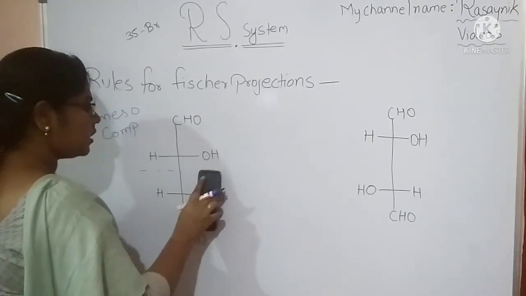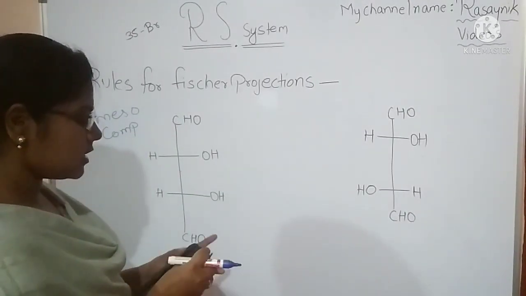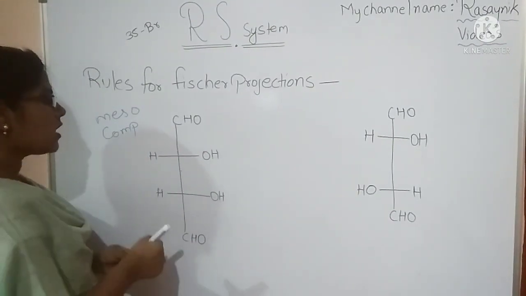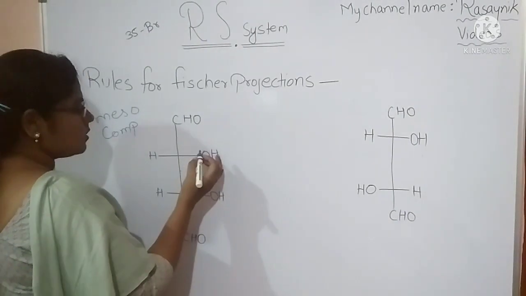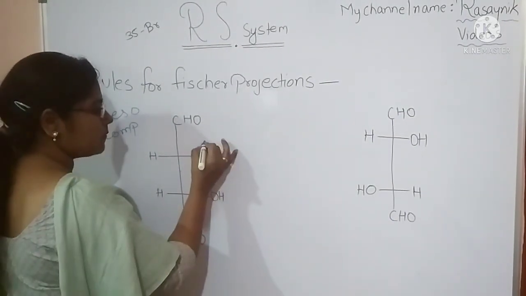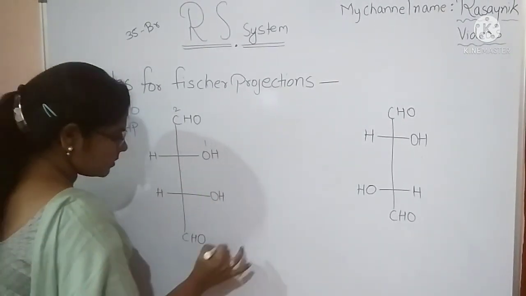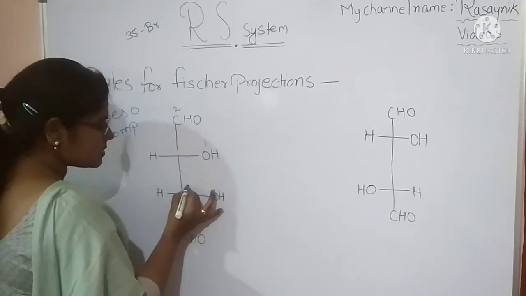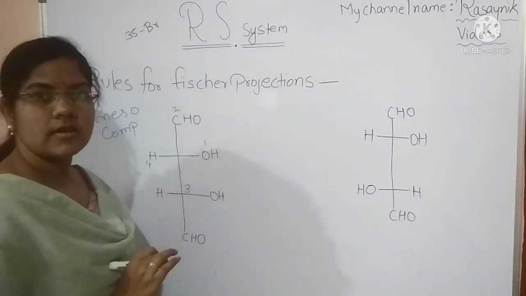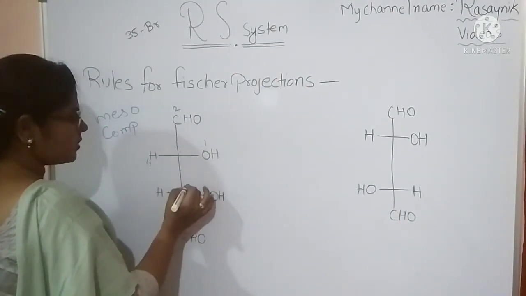Now we can continue here with R configuration and S configuration. Here we can clear it in an easy way. Oxygen is first priority. Then 1, 2, here the bigger group is there, therefore it is 3, and here 4. Got it? 1, 2, 3 and 4.